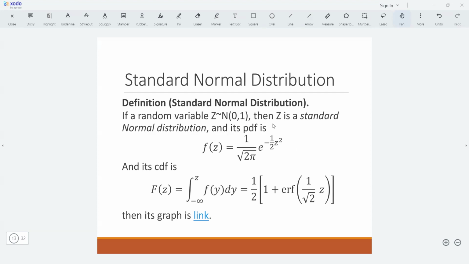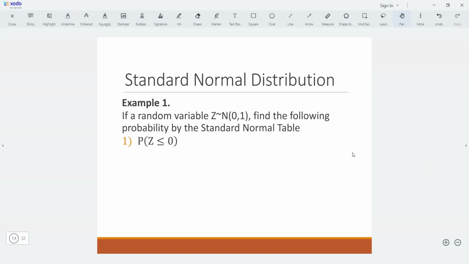However, for the standard normal distribution, integrating this density function is nearly impossible because it is too complicated: 1 over square root of 2 pi times exponential of negative z squared over 2. So we need to use a special table to help us. Let's first look at an example.